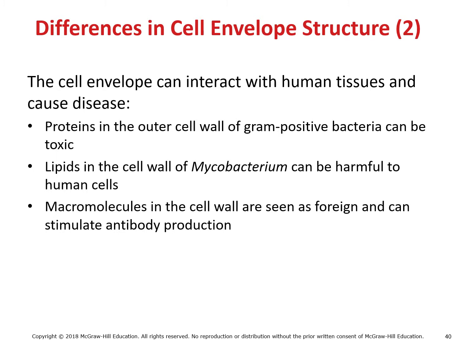Lipids of Mycobacterium are also recognized by the body as being a threat and also cause immune response. Another important thing we should point out is macromolecules in the cell wall are seen as being foreign and stimulate antibody production and immune response. So even the presence of peptidoglycan is being recognized as being a threat, and as such, those outer features of the envelope promote immune response.